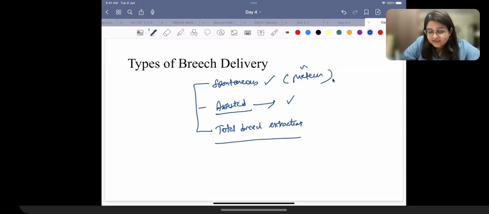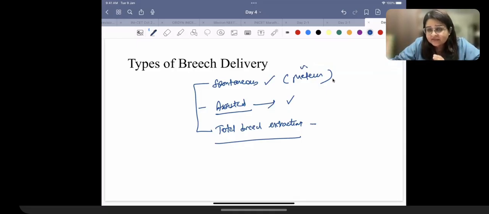And what is total breech extraction? What we studied in twin pregnancy, internal podalic version, breech extraction. Everything you are doing, putting your hand inside, pulling the legs and taking the baby out. So assisted breech means you're giving assistance, but some of it comes out by itself.